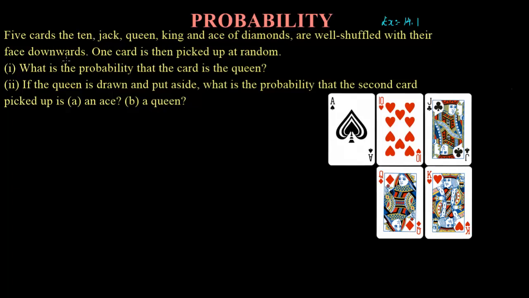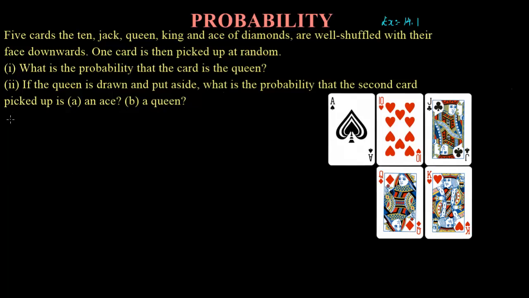They have clearly said 5 cards: 10, jack, queen, king, and ace. These 5 cards are well shuffled with their faces downwards, and one card is then picked up at random. They are asking you to find the probability that the card is a queen.